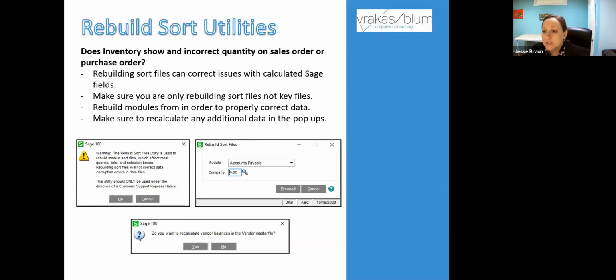Obviously, if you're running utilities in the system, we need to be cautious, we need to be careful, we need to be making sure that we're reading the screens fully and understanding what they're doing. But the things that I'm going to share here have a relatively low chance of making any kind of error here.